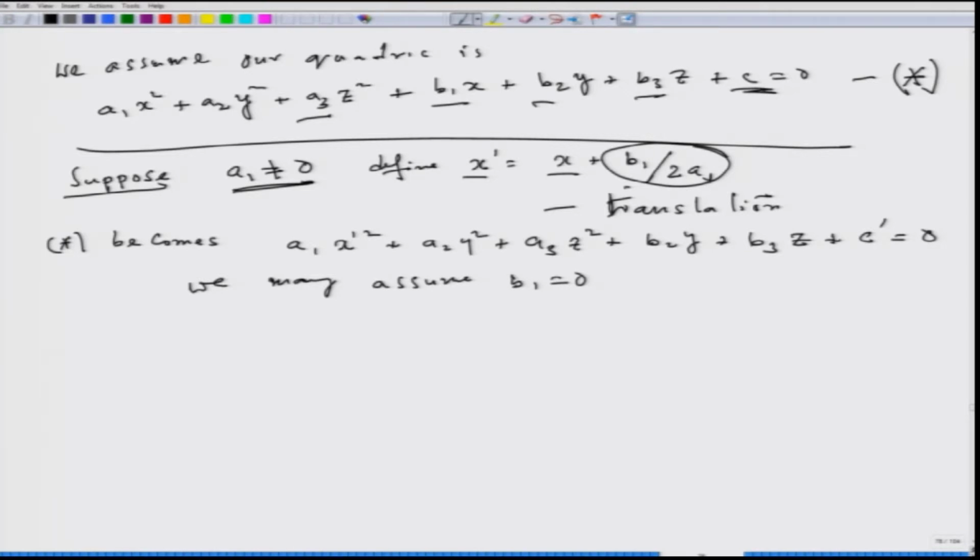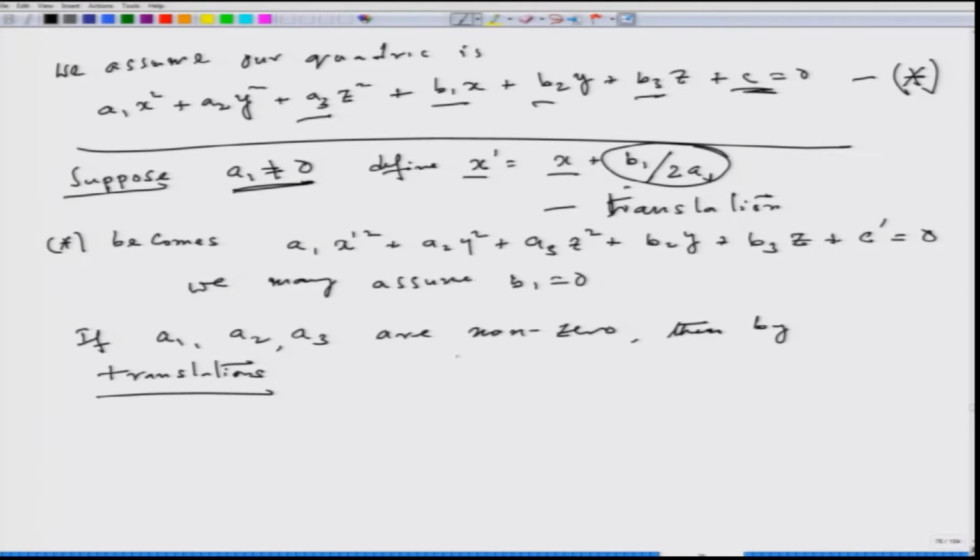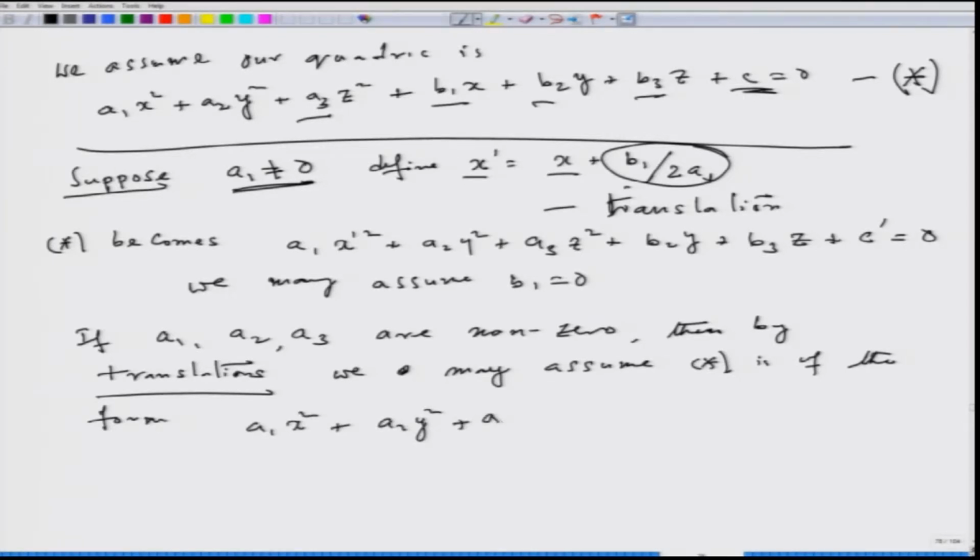So, if a1, a2, a3 are all non-zero, then by translation, I need exactly 3 translations, we may assume star is of the form a1 x square plus a2 y square plus a3 z square plus some constant equal to 0, call it double star.